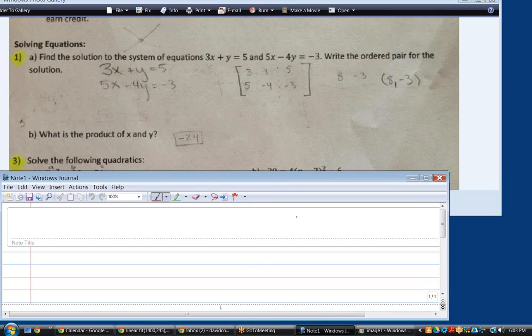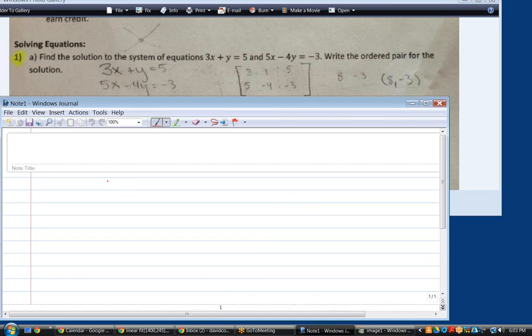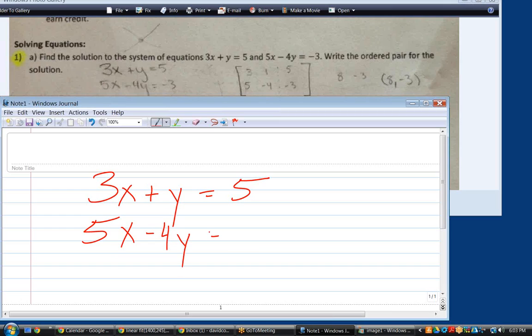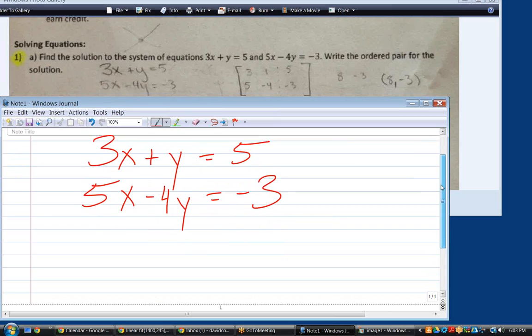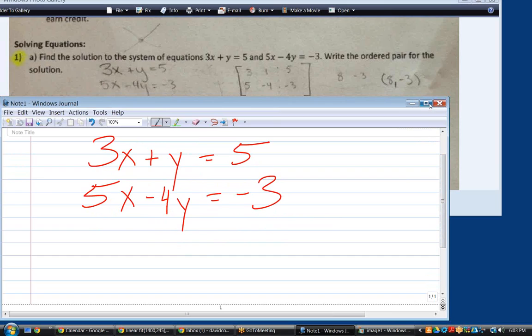Now, let's talk about a couple of ways to solve this system of equations. I don't see any instructions that say that you have to solve it by using matrices. Well, those aren't the easiest way to solve it.